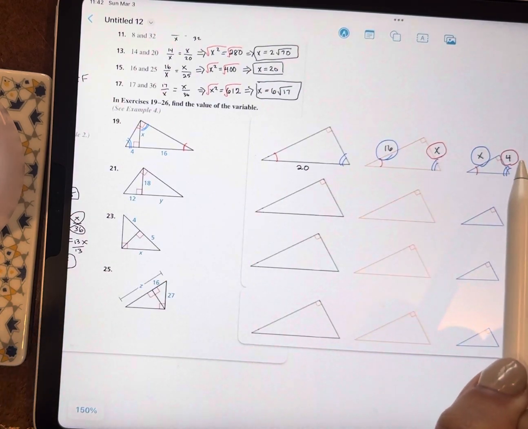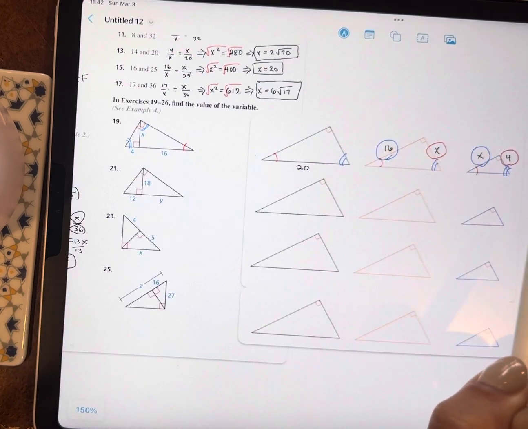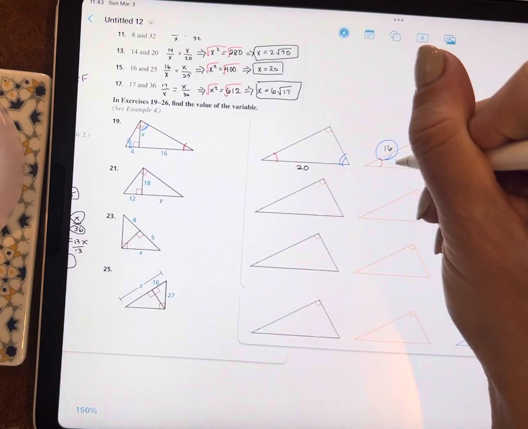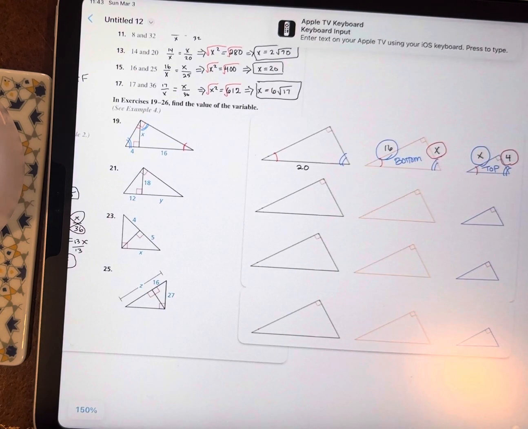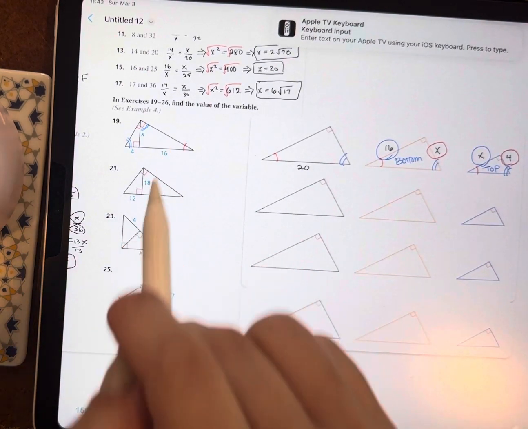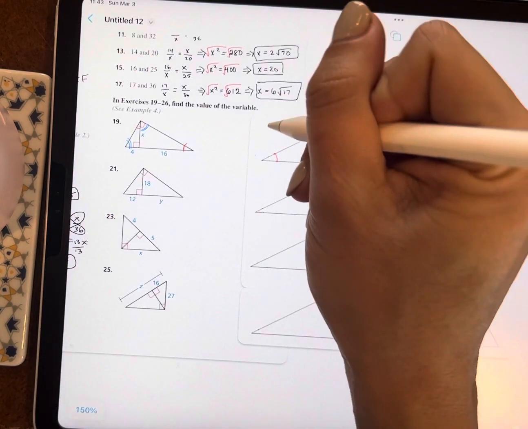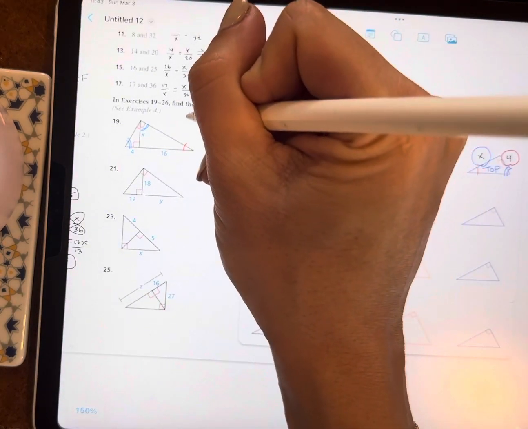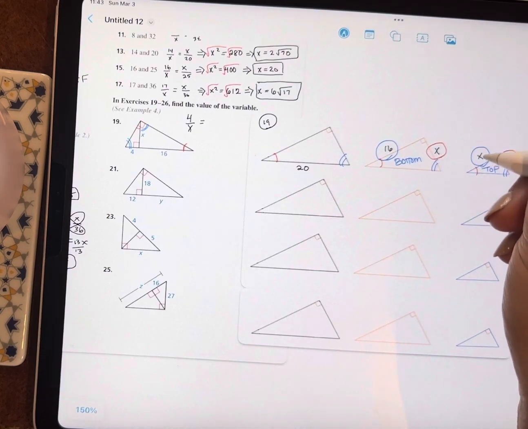There we go. And now because I see that I've got these 2 corresponding sides and these 2 corresponding sides, this is how I want to do it. I am choosing this is my top and this is my bottom. And then I will set up this proportion over here. So this is number 19. So I'm going to get 4 over X equals X over 16.